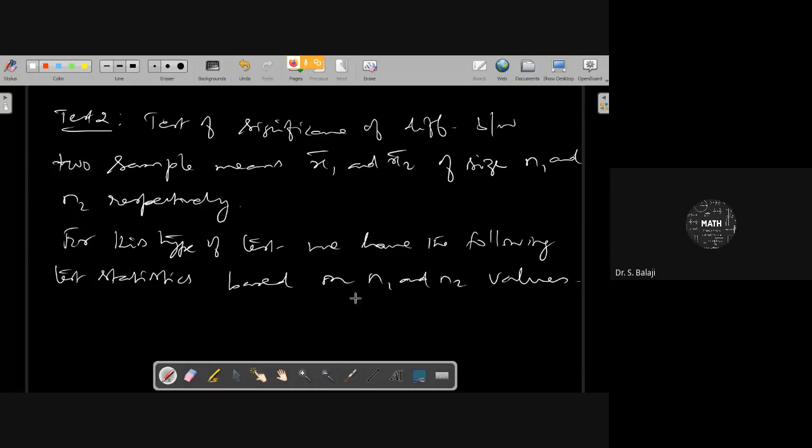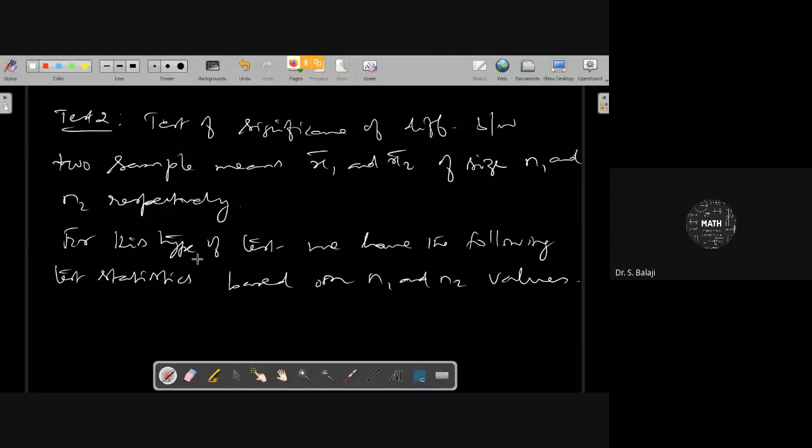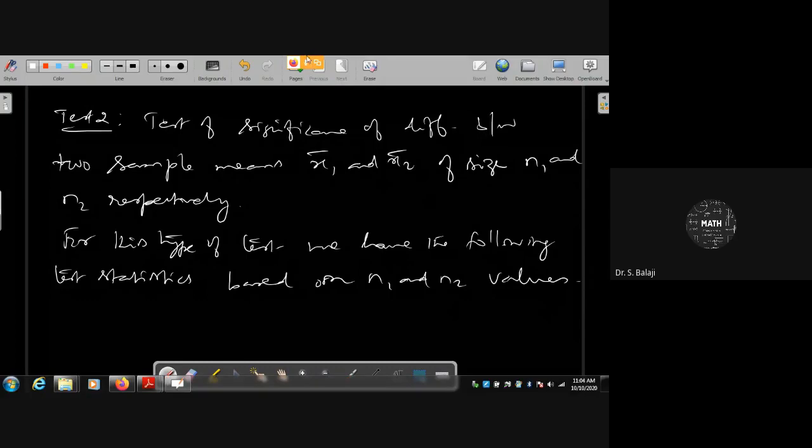Different test statistics we are going to consider based on that. Case 1 for the test statistic.